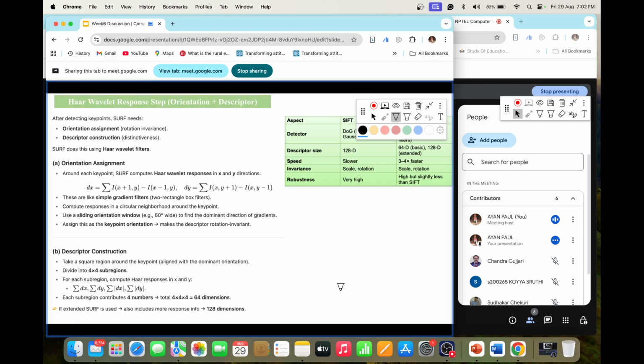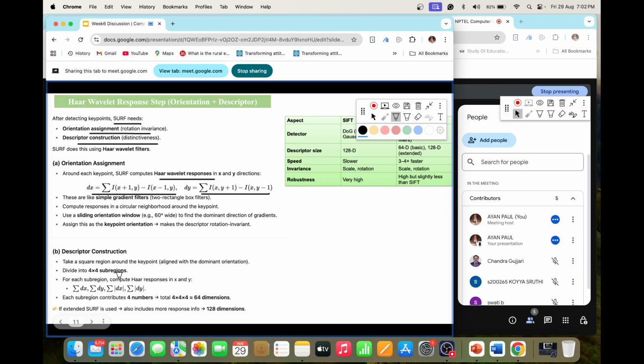Second, we have something called wavelets. After detecting the key point by SURF, we have to do orientation assignment, and then descriptor construction. Orientation assignment we do by Haar responses, which is nothing but dx and dy.